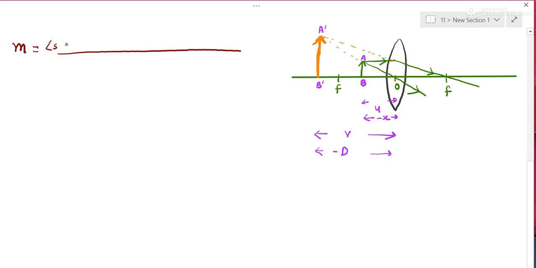Angle formed by the image at the eye, when the image is considered at, according to the case, I am saying according to the case, the least distance of distinct vision. Here is the human eye.